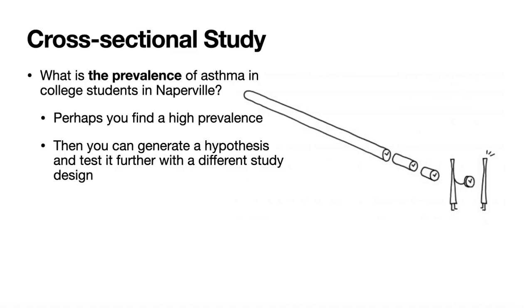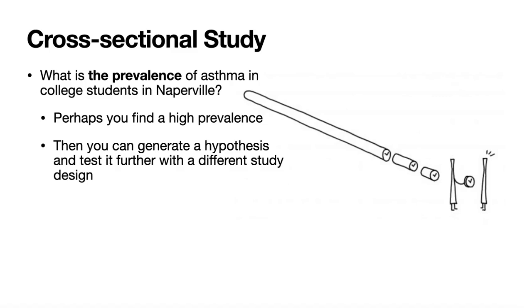We take a group of people and we ask them, or we can look through medical records if we're doing secondary research, and we find how many of the people that we have included in our study have asthma. Is there an association between having asthma and being a college student? We can see that, and we can measure the strength of that association.